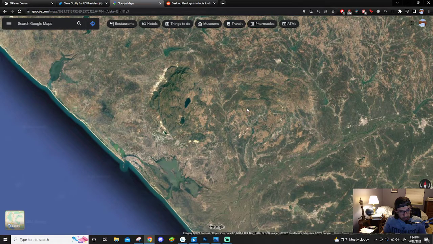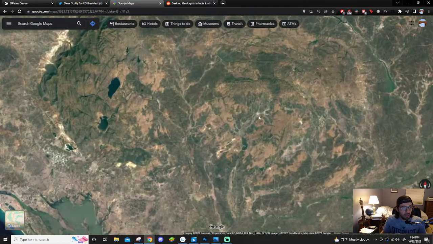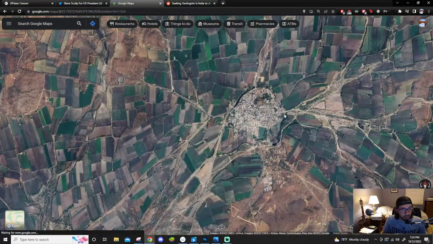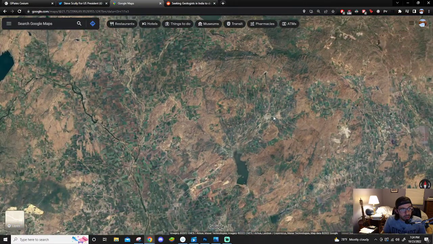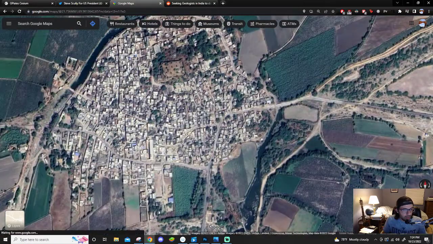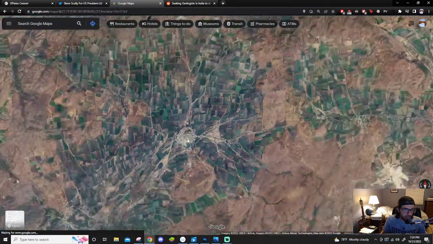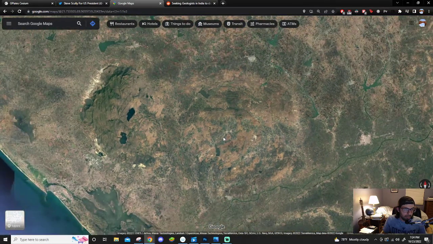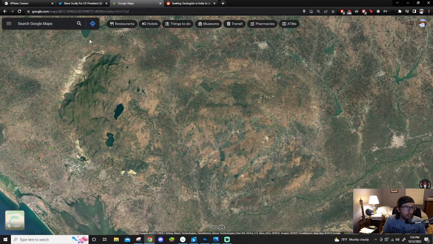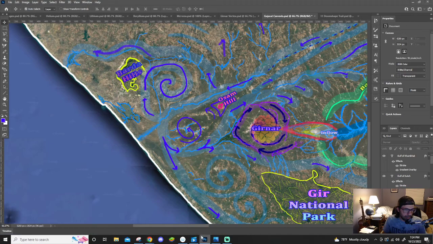There's a spiral. That's like a chakra. Cool. And this spiral happens because this mound is being formed.